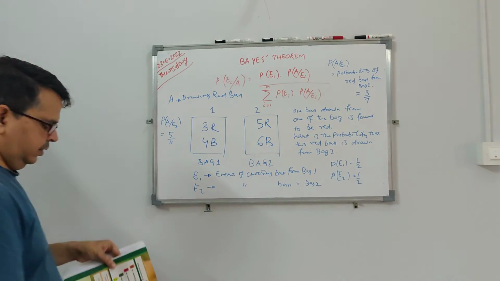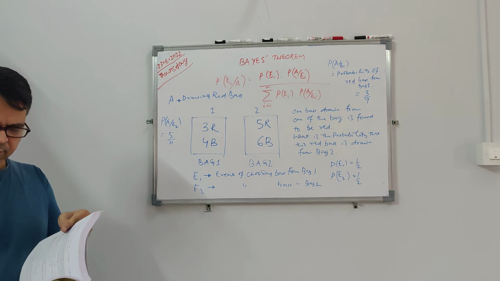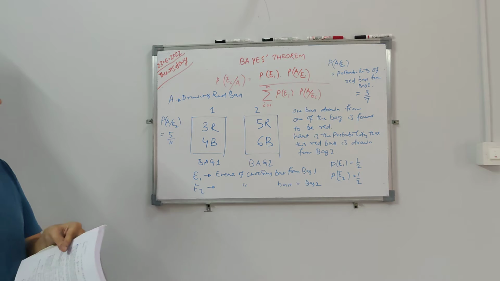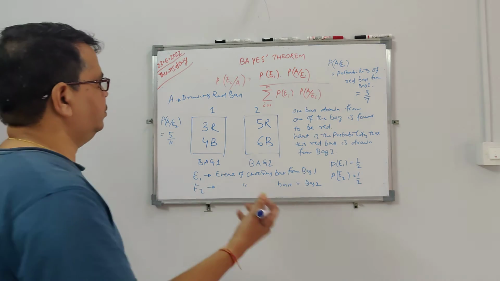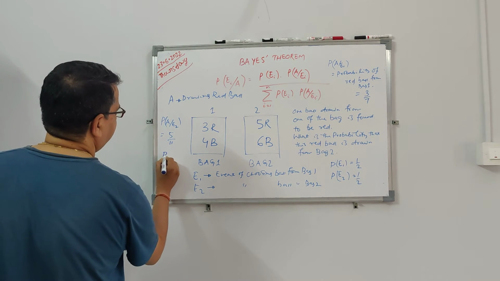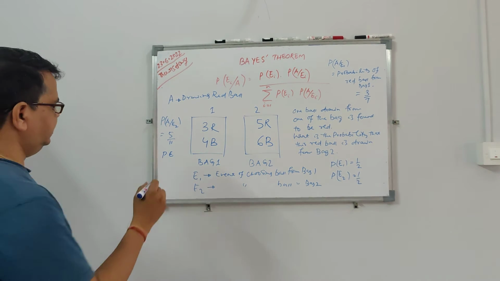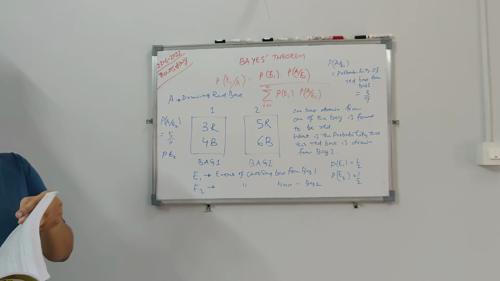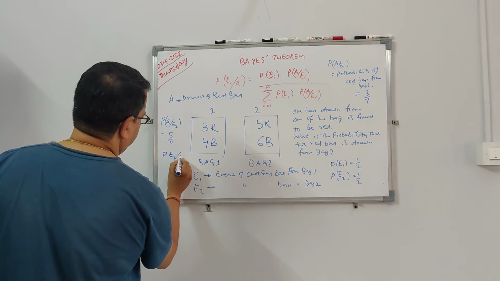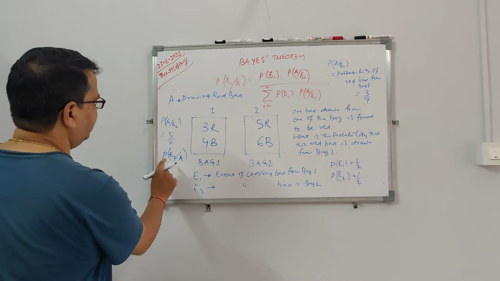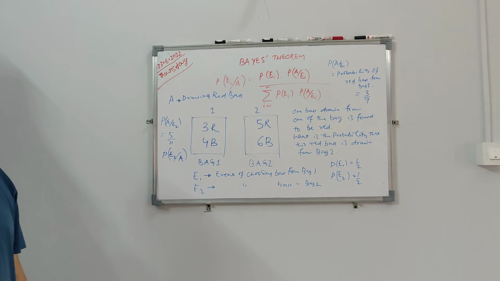So now it is getting reversed. The question is the probability of drawing a ball from bag 2, so bag 2 means it is E2, under the condition that it is red, given that A is red.